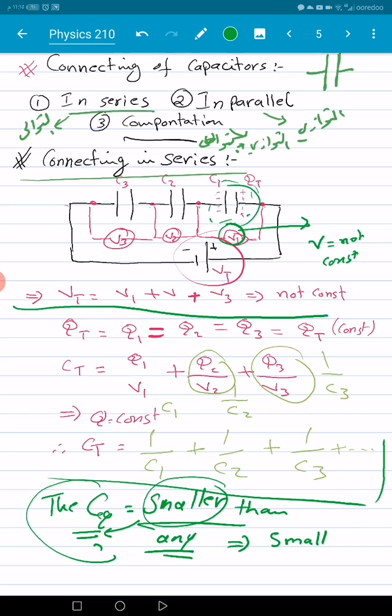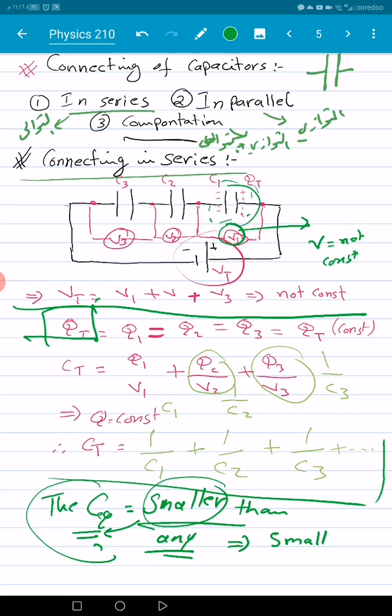So V total is not constant. Q, the charge, is constant. Be careful. So in series, Q is constant. V is not constant, it is variable.